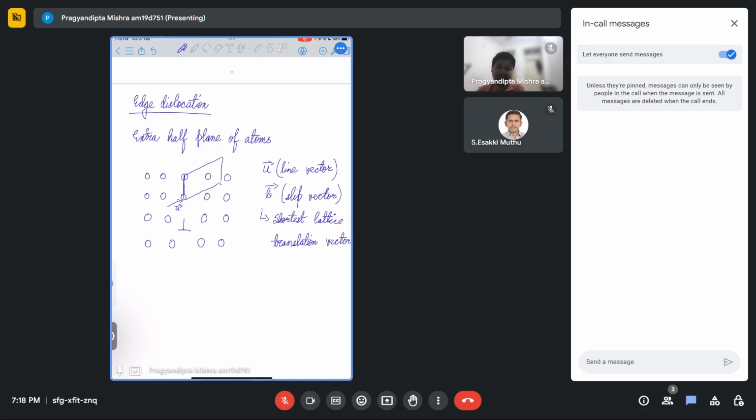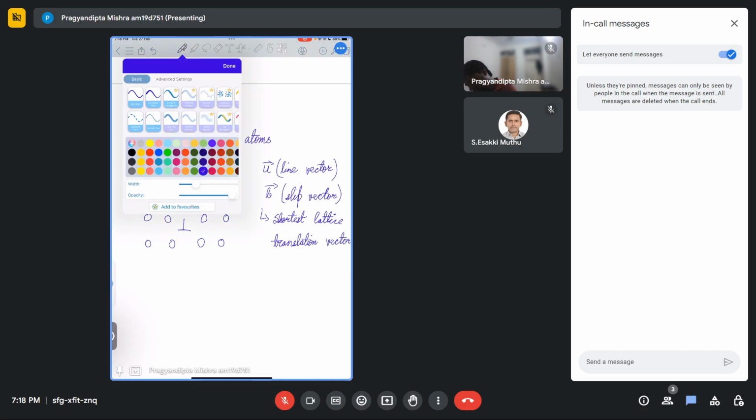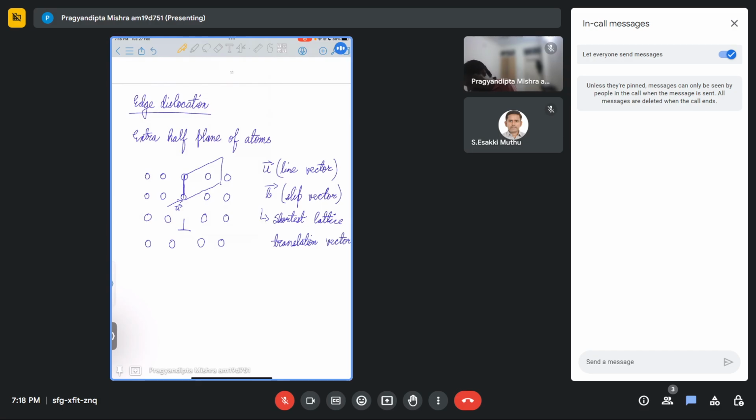What do we mean by that? It means that if we are trying to complete a region around this location, let's say I define this region. I moved 4 times in the right direction. Then I moved 1, 2, 3, 4, 3 times in the bottom direction. Then I moved 4 times back. I'm not able to move 4 times back, right? So let's say there is an extra atom here.